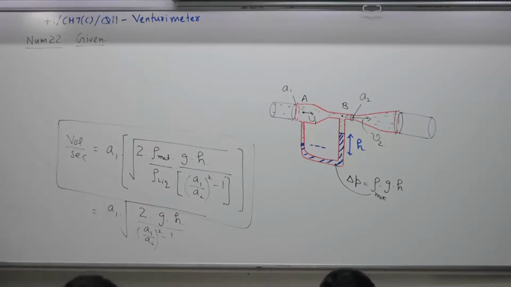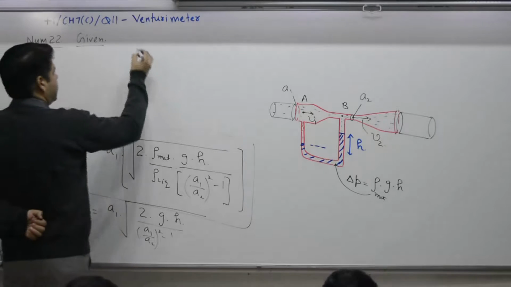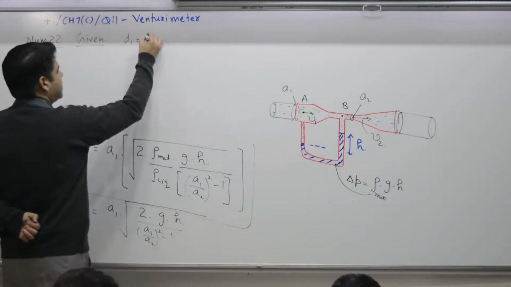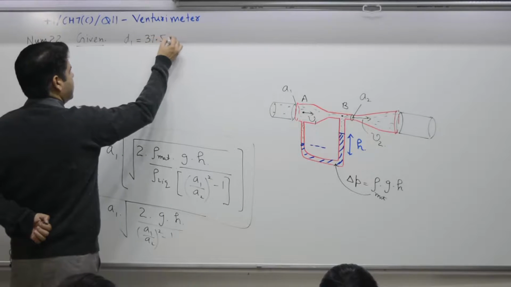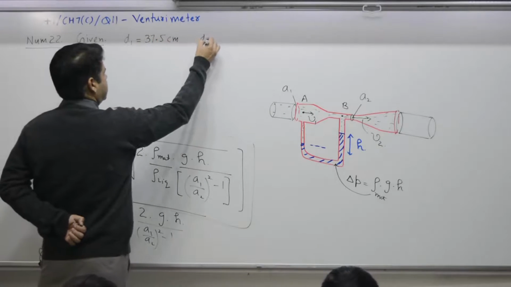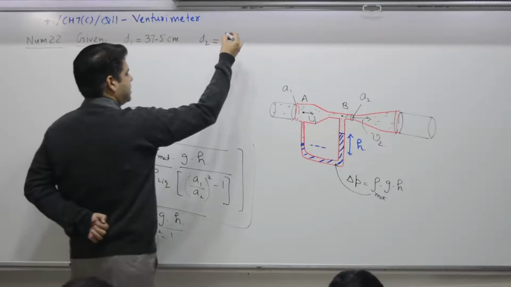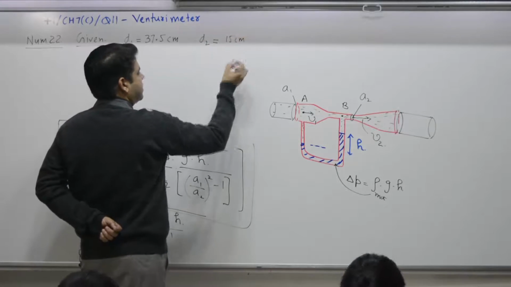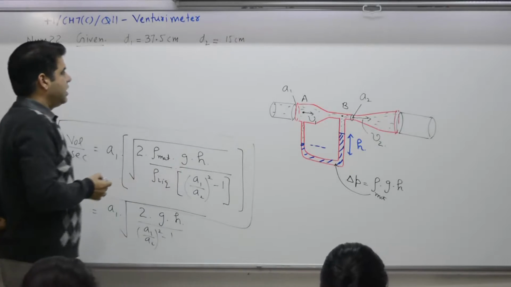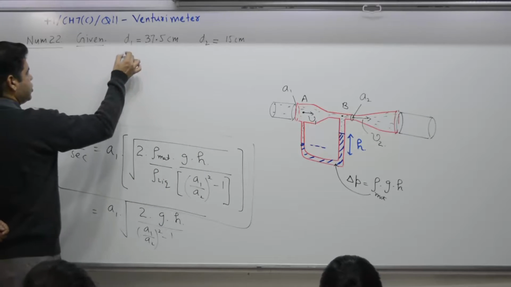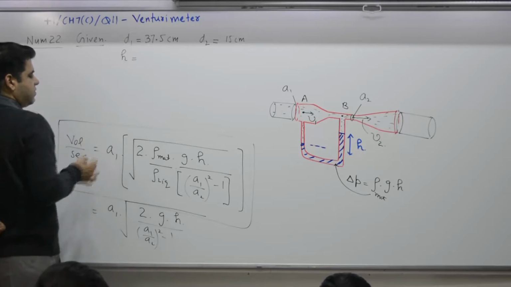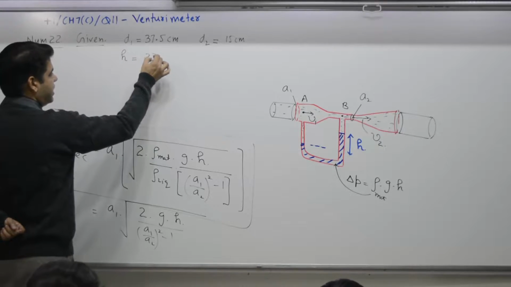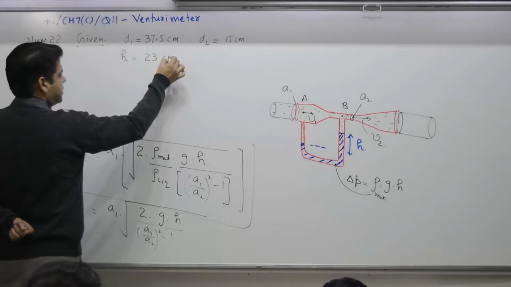What is given is the diameter at 1, that is this one: 37.5 centimeter. D2 is 15 centimeter. Height H is 23 centimeter.